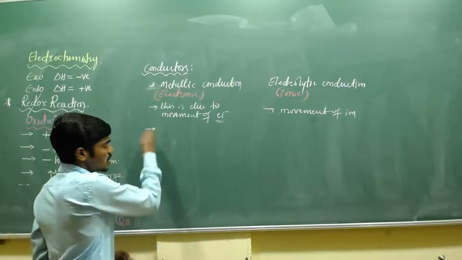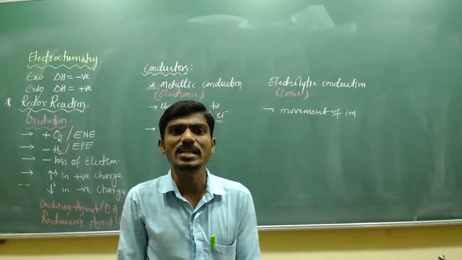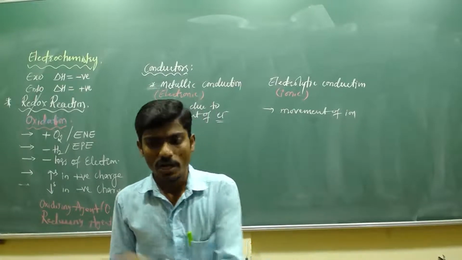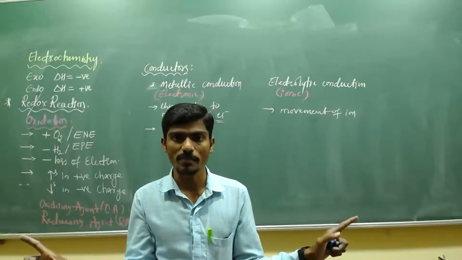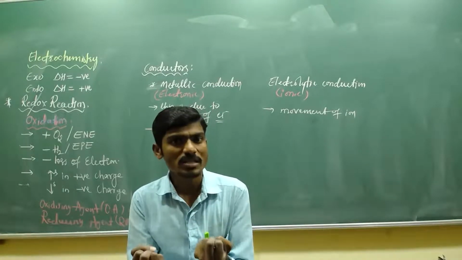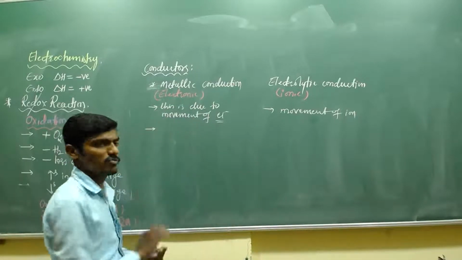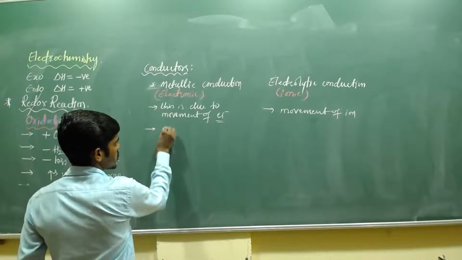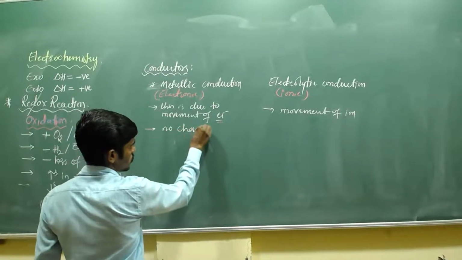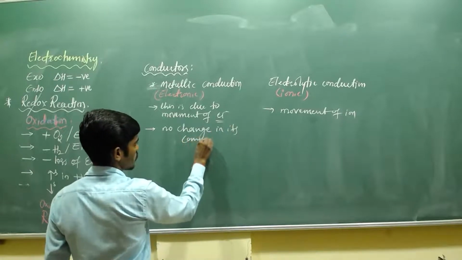Also, in metallic conduction there is no transfer of matter. During the passage of current, the composition does not vary. The composition of a metallic substance remains fixed, so during conduction there is no change in composition.